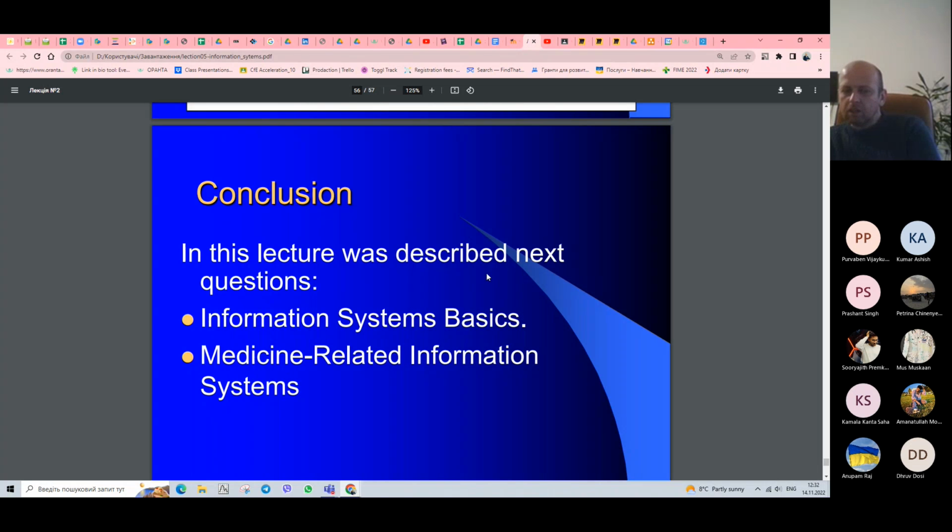Continue your study. You can meet this in the practical class. We plan to show you a medical information system, using the example of OpenEMR, which I will try to show you. A little later you will find it, and after that you can understand better how the system works.